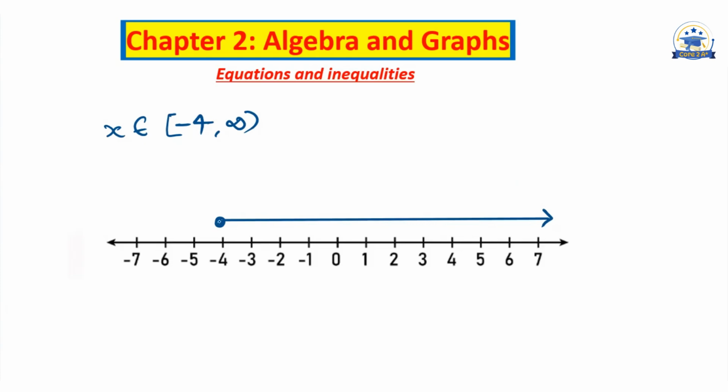It means the filled dark circle, right? You cannot make it like only an empty one, okay? Because here -4 is included, here we have a closed bracket. For a closed bracket, we make the filled dot, okay? That's why. And that's how you can show it on a number line.